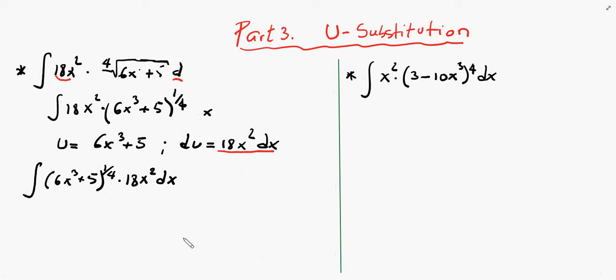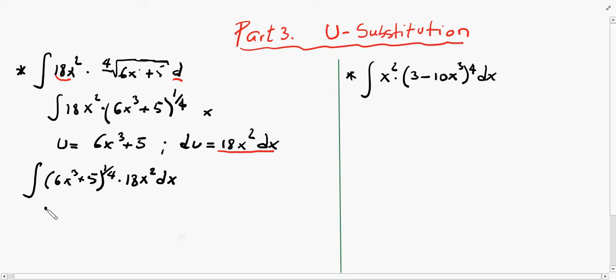Now we will replace this value here by u and the other value by du. That will give us the integral of u to the power of 1/4 times du. That's what we have to integrate now.